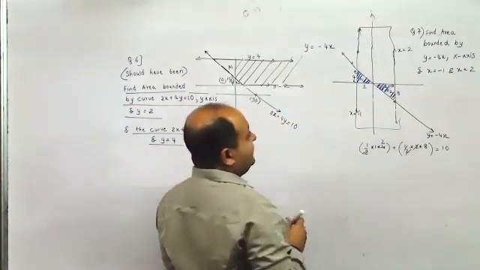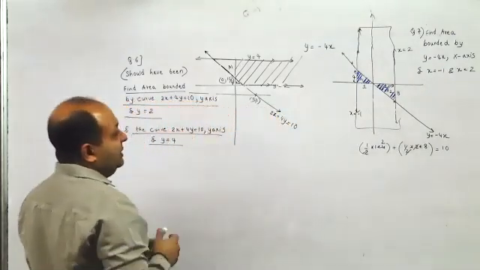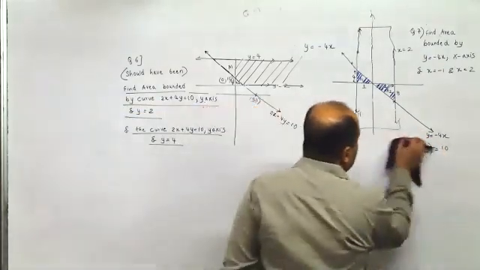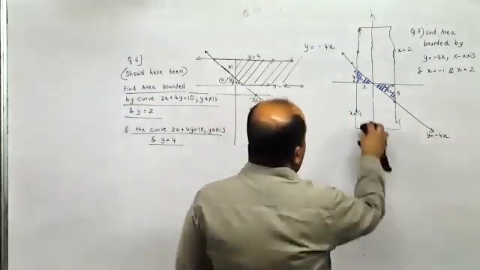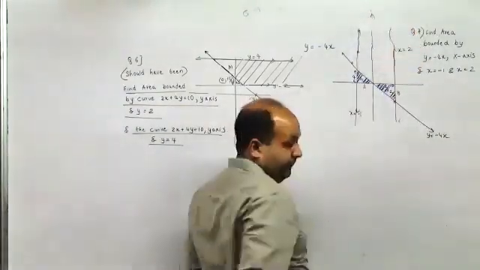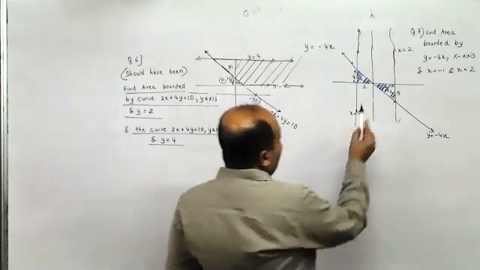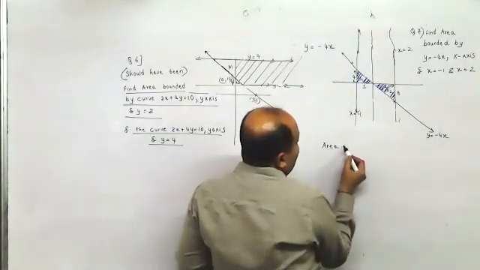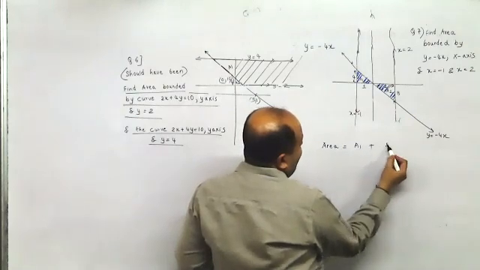Now, if I say it as x-axis, how do you find the area? The area would be this area plus this area, so A1 plus A2.